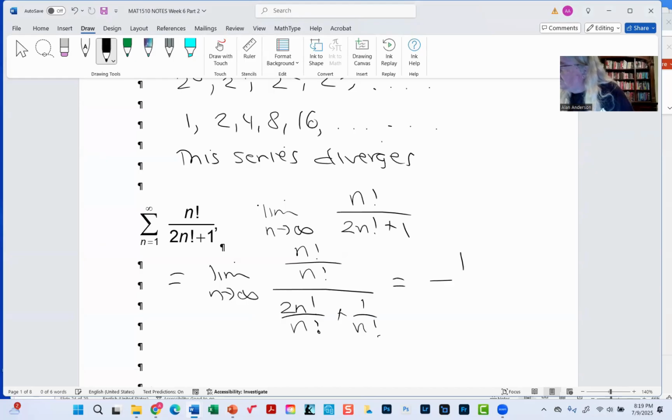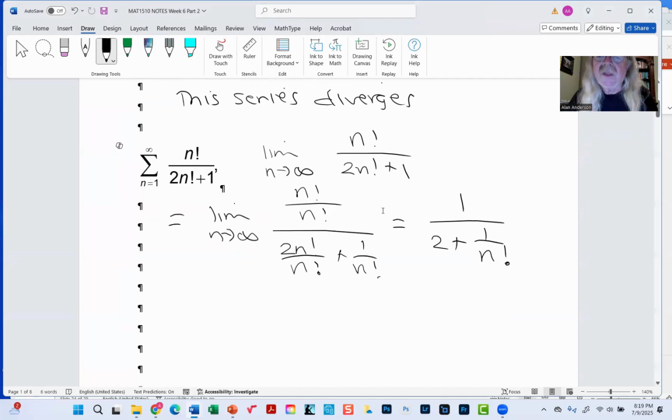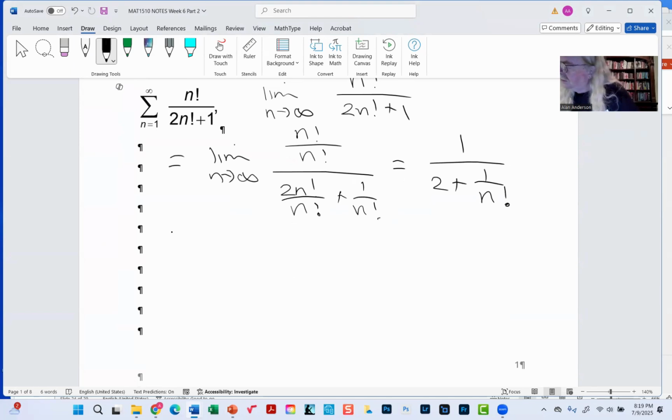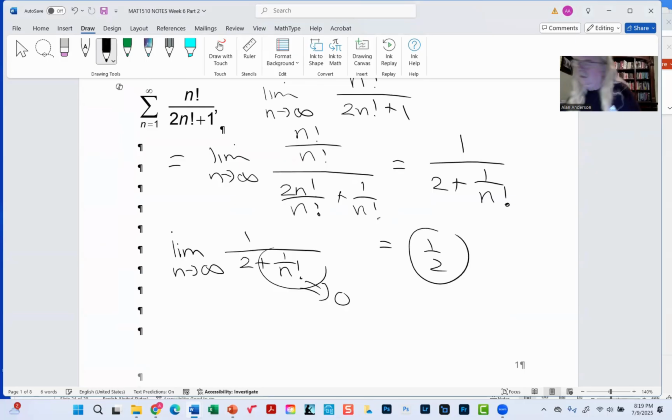So that leaves us with 1 over 2 plus 1 over n factorial. Now, of course, n factorial grows very, very rapidly. So as we let n go to infinity, this goes to 0. So we're left with 1/2.